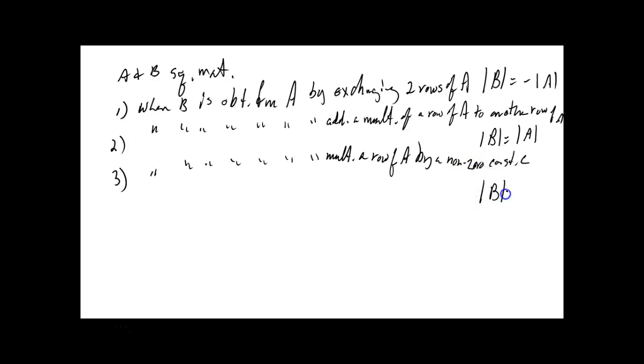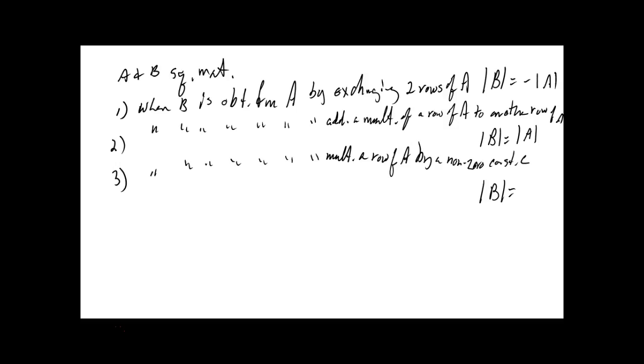The determinant of B will be C times the determinant of A. You multiply the determinant as well. Okay, they do a little proof. They do it for a 2 by 2, which basically we've already illustrated, and that's a pretty simple one.